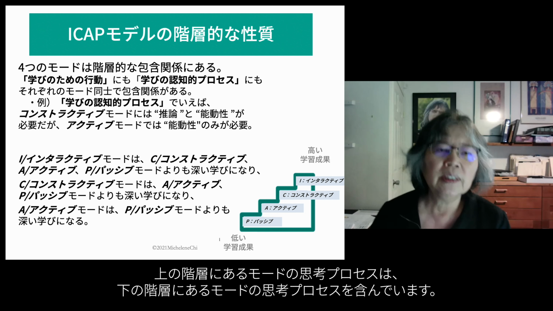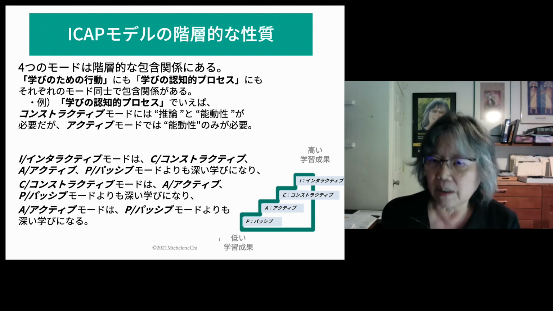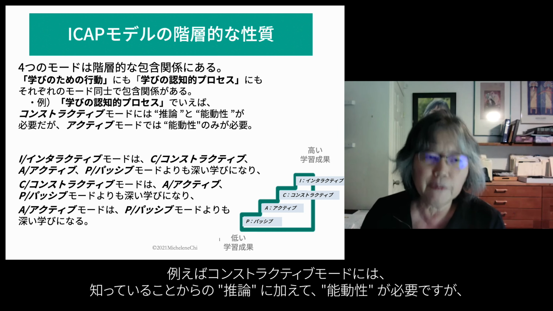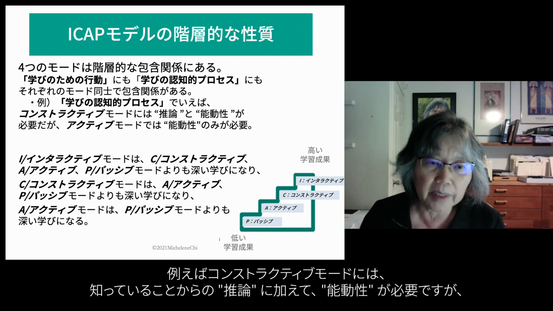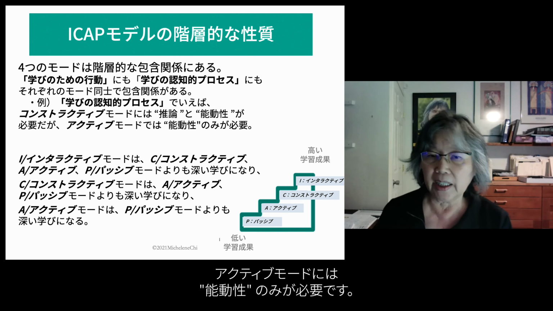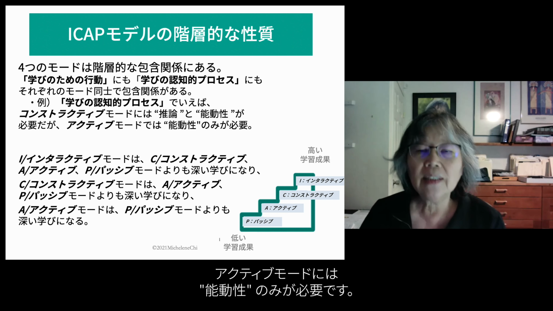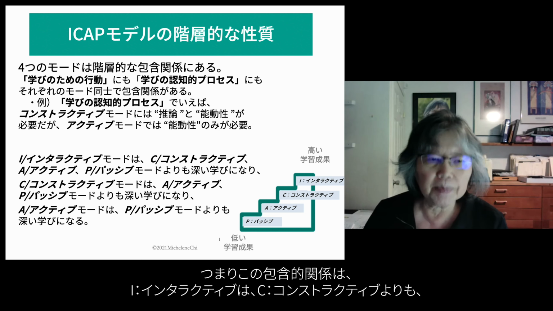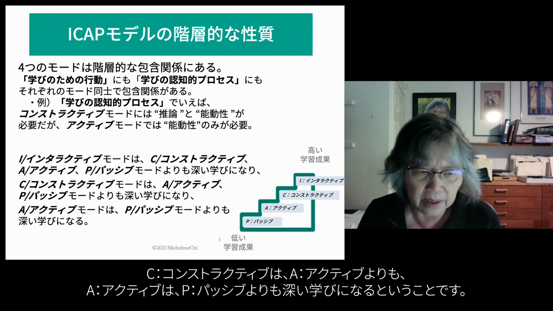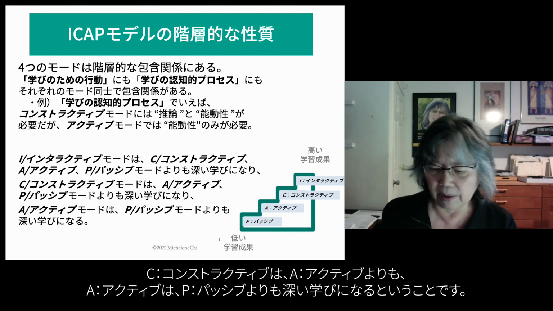For example, and this is all hypothetical, of course, the constructive mode requires inferring plus activating what you already know, whereas the active mode typically requires only activating your prior knowledge. So this subsuming relationship suggests that engaging in the I mode is better for learning than the C mode, which is better than the A mode and better than the P mode.